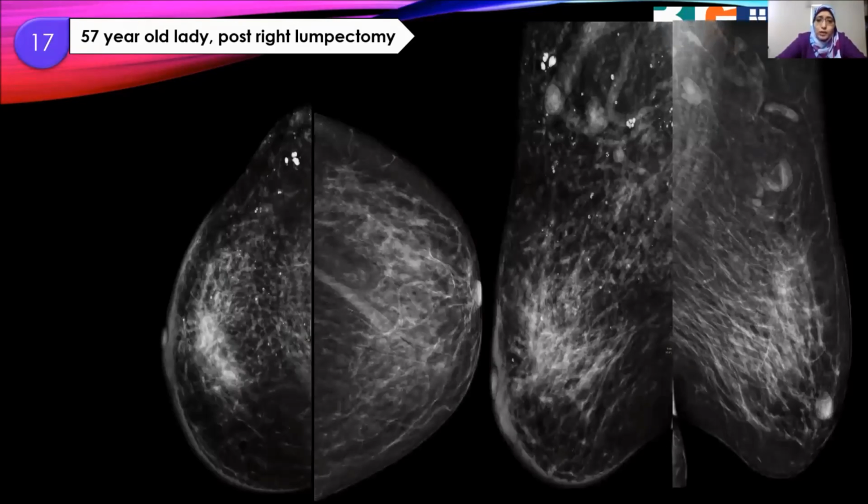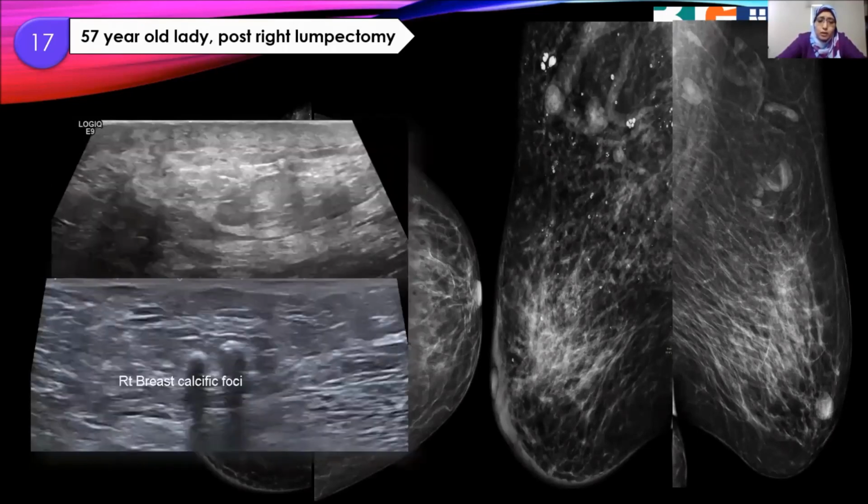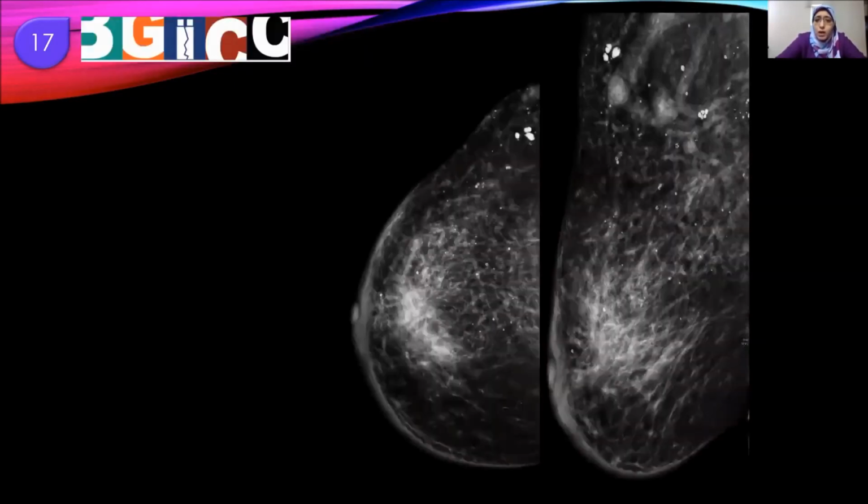This is another case, which came post right lumpectomy. Her mammogram showed post-operative changes, nothing suspicious. Skin thickening and calcific foci were seen on the mammogram. Again, reviewing the mammogram showed this coarse calcific foci and these more or less tubular densities.